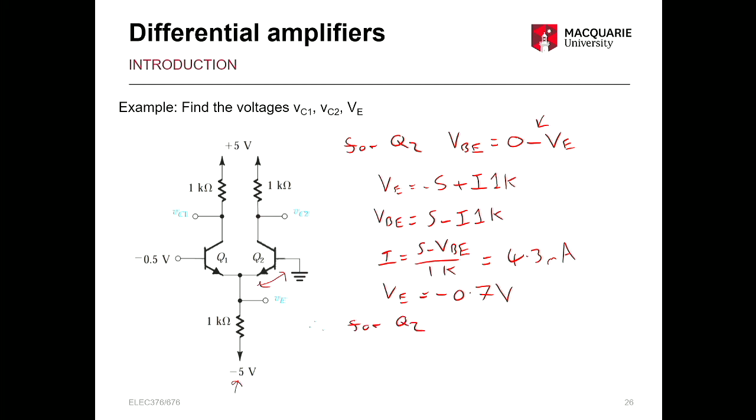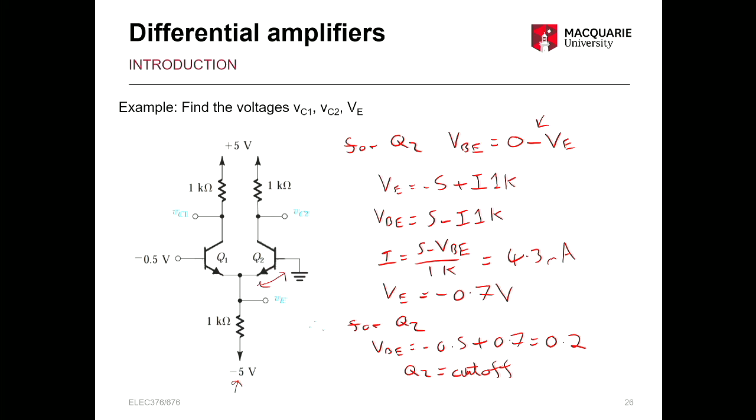Now we look at Q2. So for Q2, VBE is going to equal minus 0.5, in this case plus 0.7, 0.2. So that means it's not in the active region. It's going to be cut off. Q2 is in cutoff. That means all of the current will be going through one side.